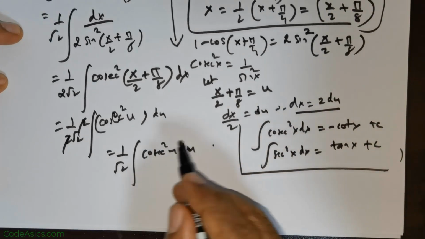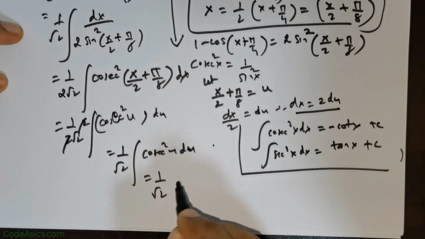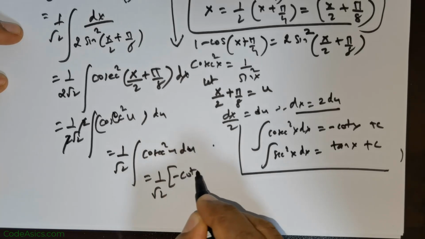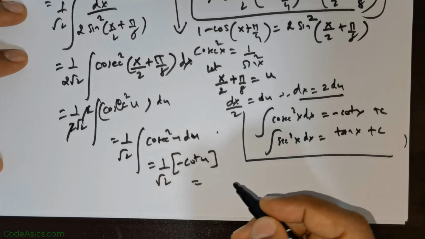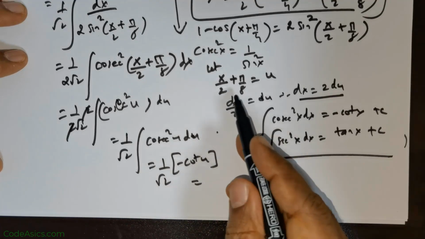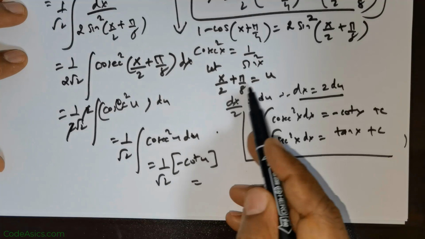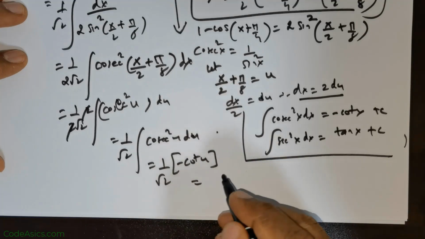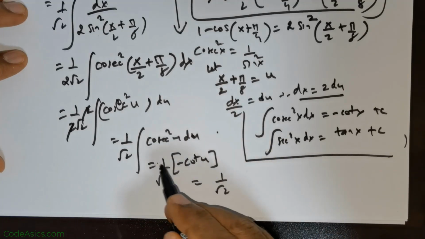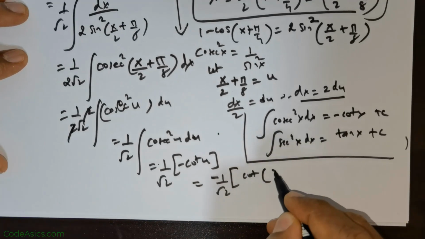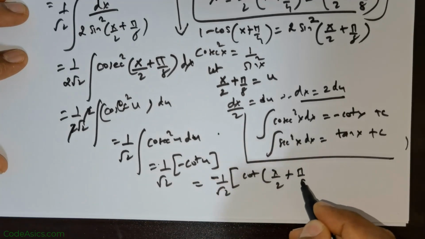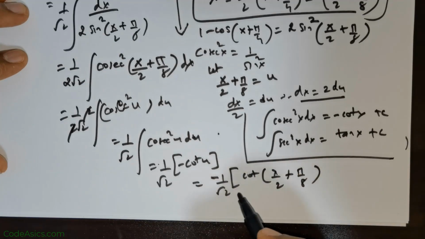So having got that, this is going to give me 1 over root 2 times negative cot u. But what is my u? My u is this. Substitute that value. So 1 over root 2, of course taking the negative sign out, this is going to be cot of (x/2 + pi/8).